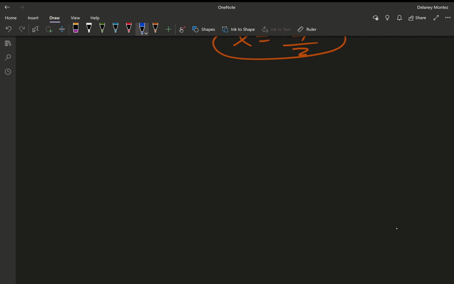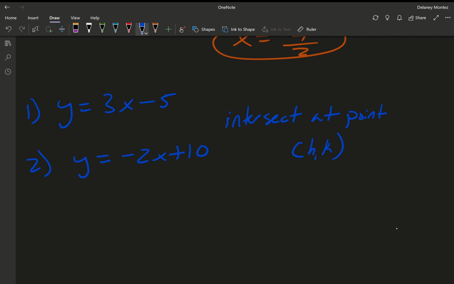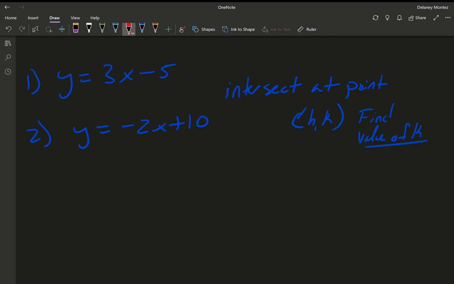Line 1 is y equals 3x minus 5, and line 2 is y equals -2x plus 10, and they intersect at point (h, k). Find the value of k. So go ahead and pause the video, and then we'll attempt to solve.